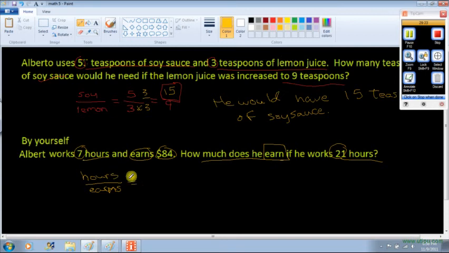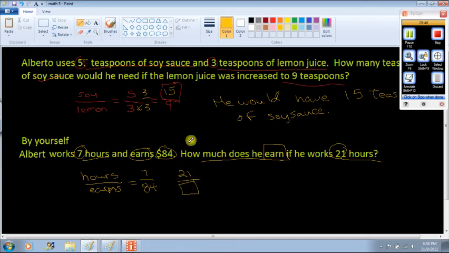Okay, so I have hours here. Again, it has to match with hours, so I have 7. And earns has to match, so I have 84. And over here I have hours, 21. And again, it's asking me how much does he earn, so that's what I'm looking for.